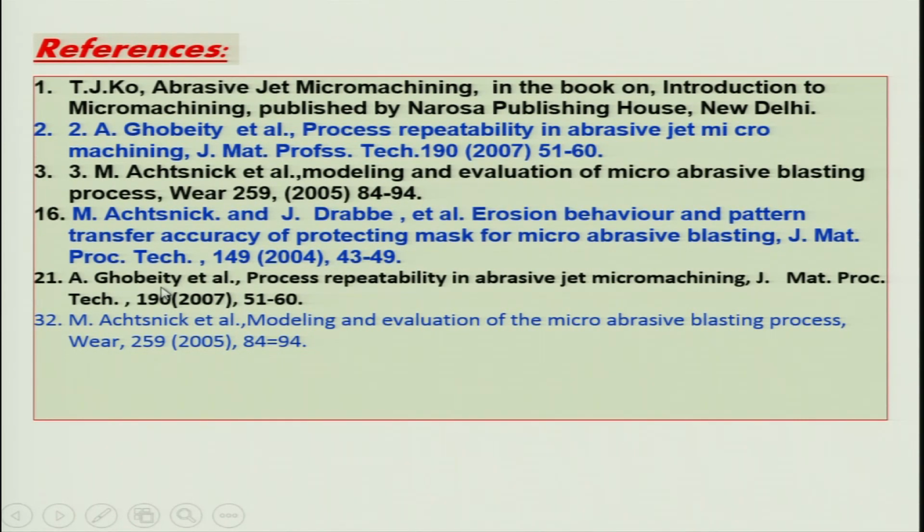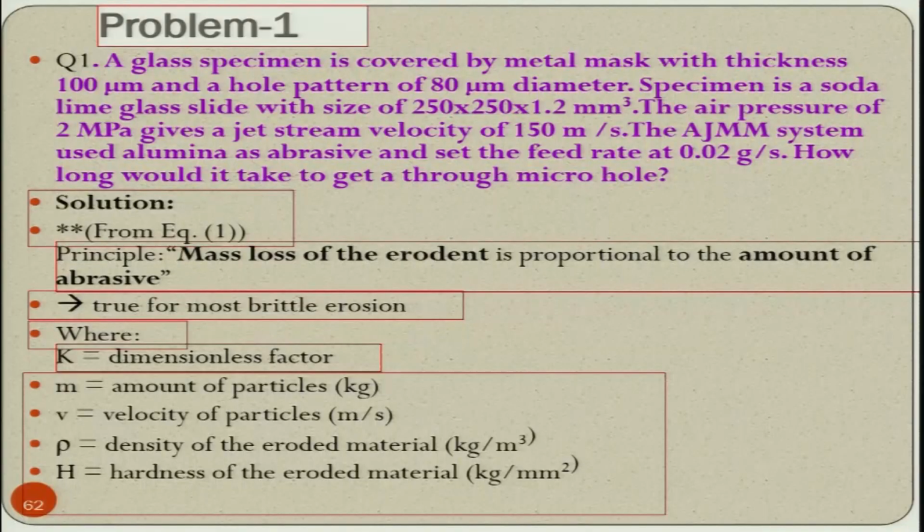Again, Getu et al., Process repeatability in abrasive jet micromachining, volume 190, 2007, page 51-60. And the last one, reference 32, is again Ghobeity et al., Modeling and Evaluation of the Microabrasive Blasting Process, Wear 259. It has been repeated because I have already mentioned this over here in the reference. So, these are the references from where I have used some of the figures. I thank all these people for this.